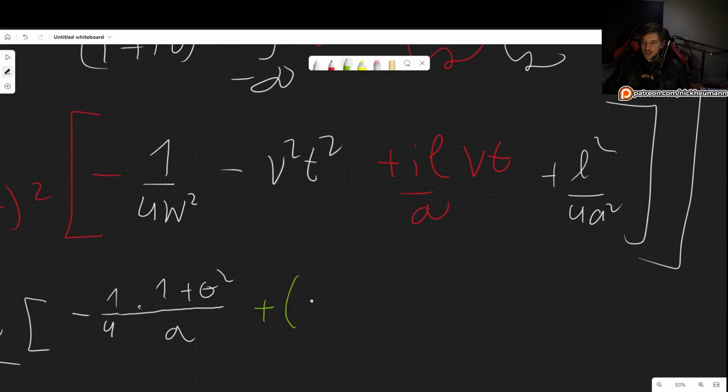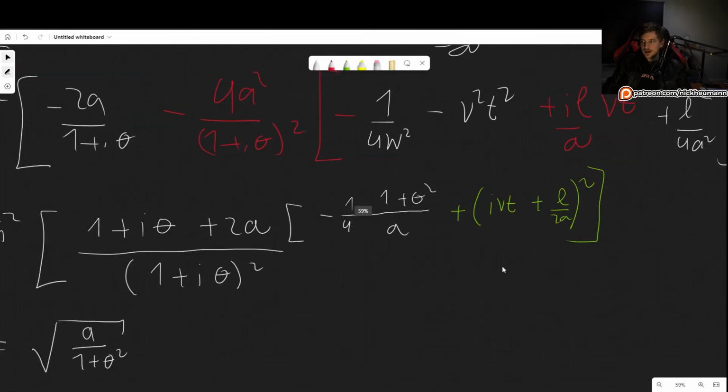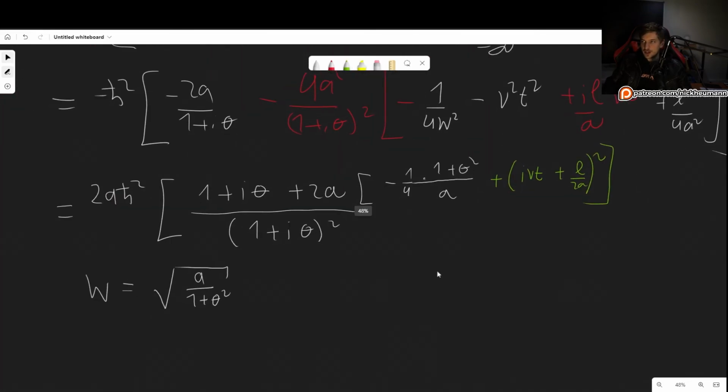So let's try it out. i vt plus L over 2a, squared. So the first part is minus v squared t squared, right there. Then the cross product is i vt L over a. i vt, there it is. And finally, L squared over 4a squared. So we can write it like that. Okay, this is looking much, much better.